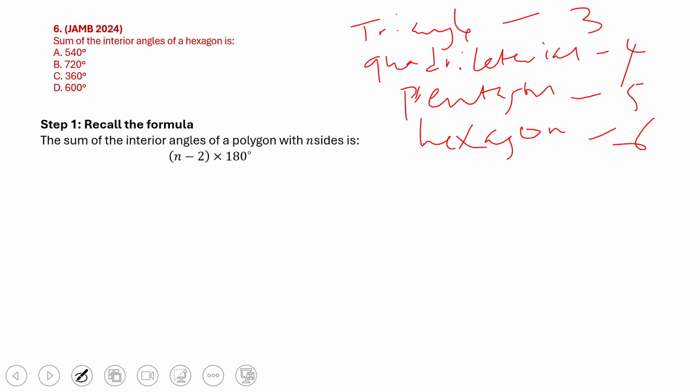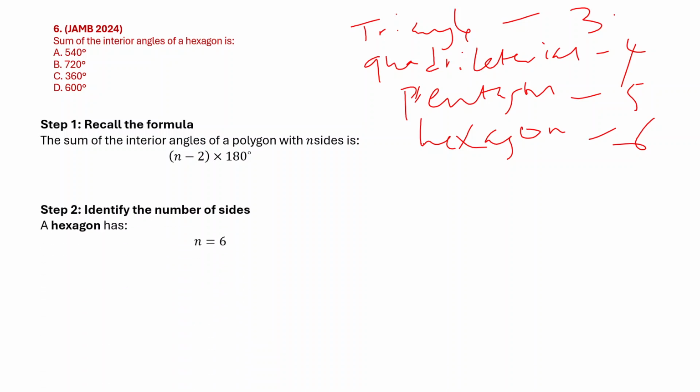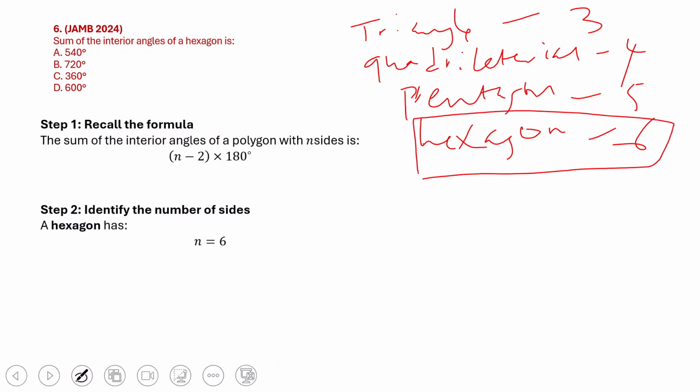So the formula for the interior angle of a polygon with n sides is n minus 2 times 180, where n is the number of sides. And I've said before that a hexagon has 6 sides. That is why I'm having 6 here. So if I put this in the formula, I'm going to be getting 720 as my answer. Why?